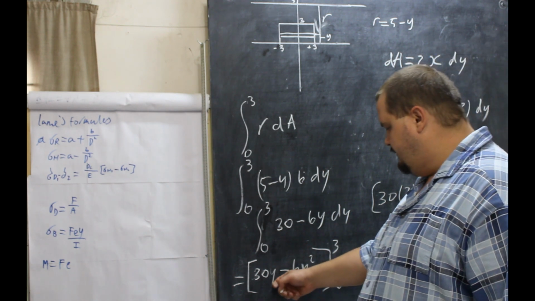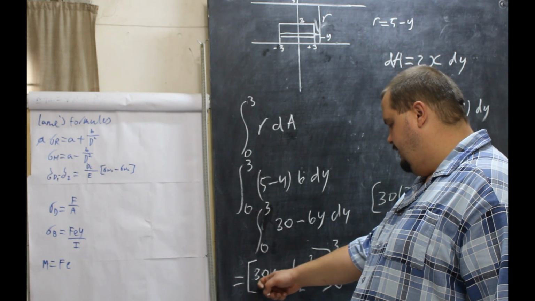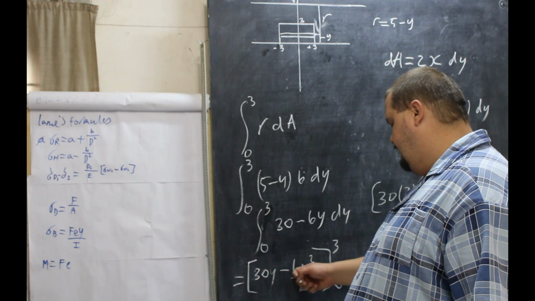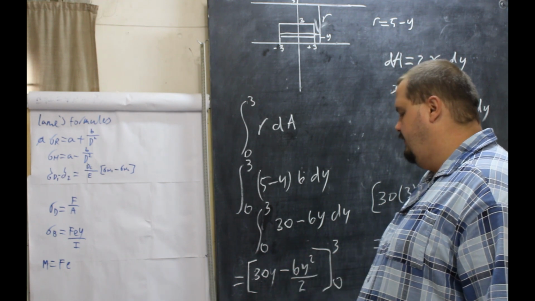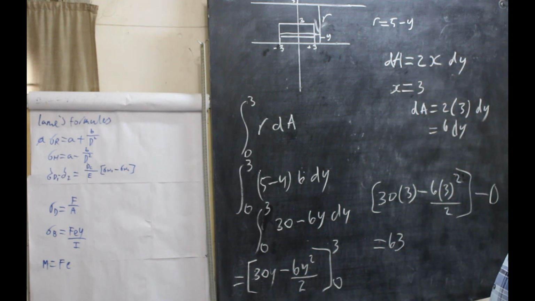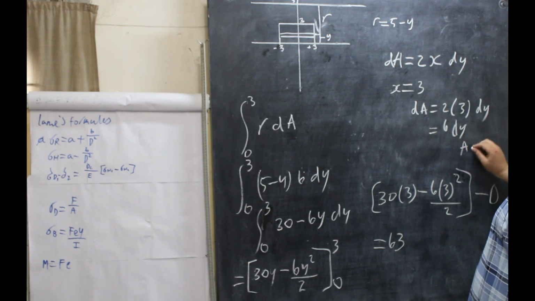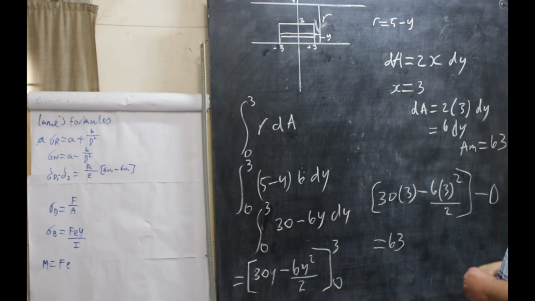Because if we put a 0 here, 30 times 0 is 0, 6 times 0 is 0, 0 divided by 2 is still 0, so we're done. So it's 63. So the first moment of area is equal to 63.